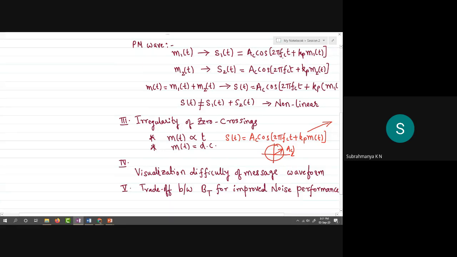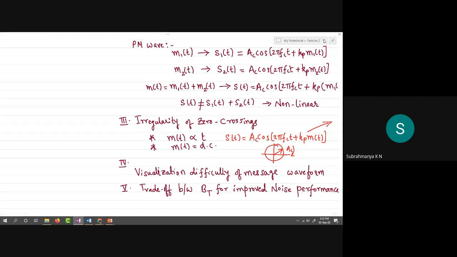So if you vary the frequency, indirectly you are varying the phase, and if you vary the phase, indirectly you are varying the frequency. Although we call them separately PM signal and FM signal, both are very similar to each other. That's the reason we never talk much about the phase modulated signal. We always talk about frequency modulated waves because both are very similar to each other.